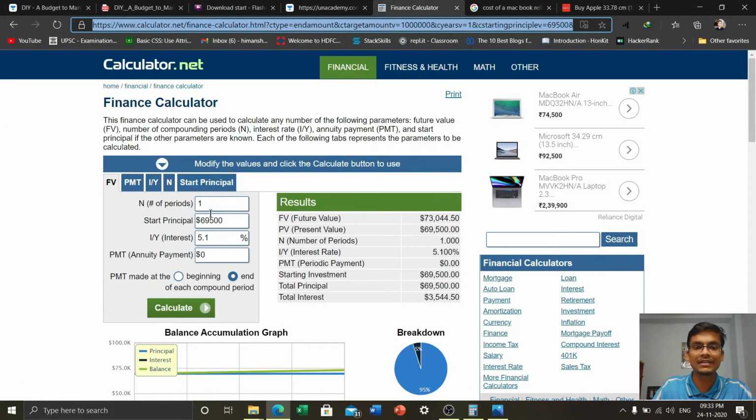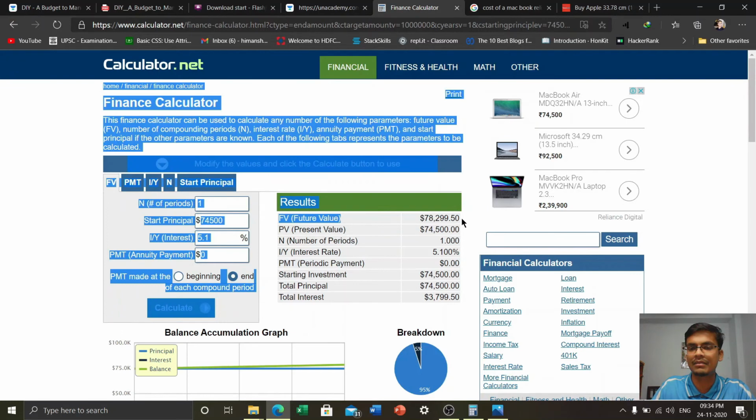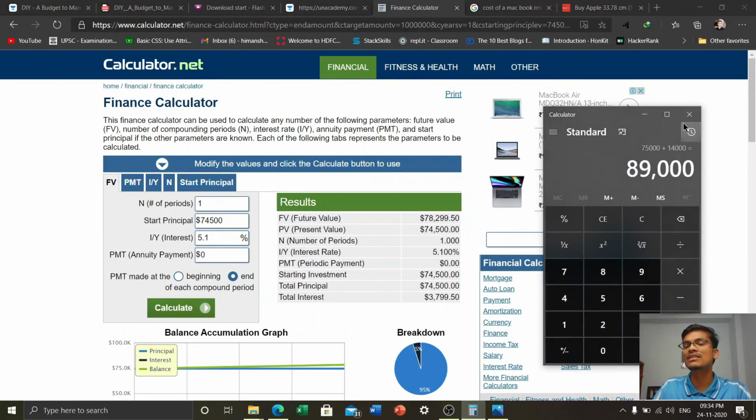So applying the inflation rate to this, number of periods one, and the cost is 74,500. Inflation rate would be the same 5.1%, and annuity payment would be zero, as we are not adding any amount to that. So calculating the future value. One year from now, this MacBook would cost me 78,300 rupees, nearly 78,500. Let's take the bare minimum, 78,000, which too is well below my savings of 89,000 rupees.